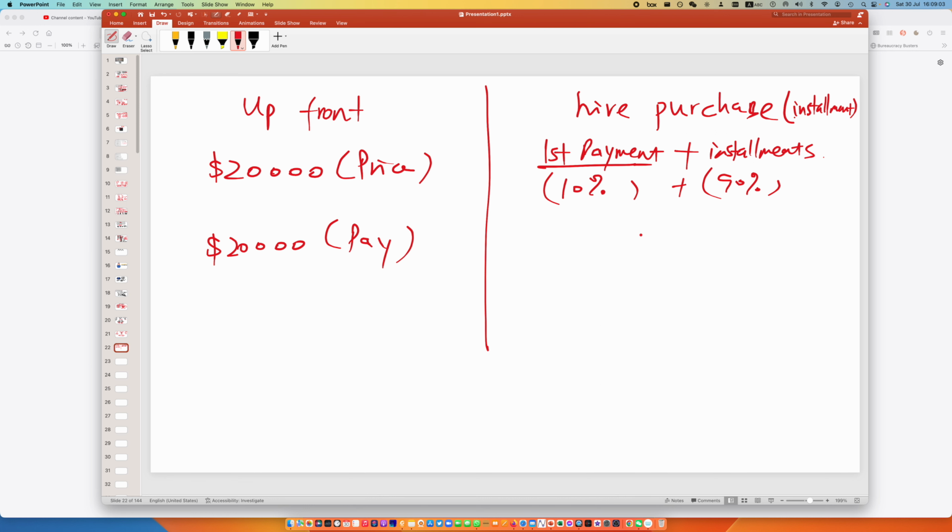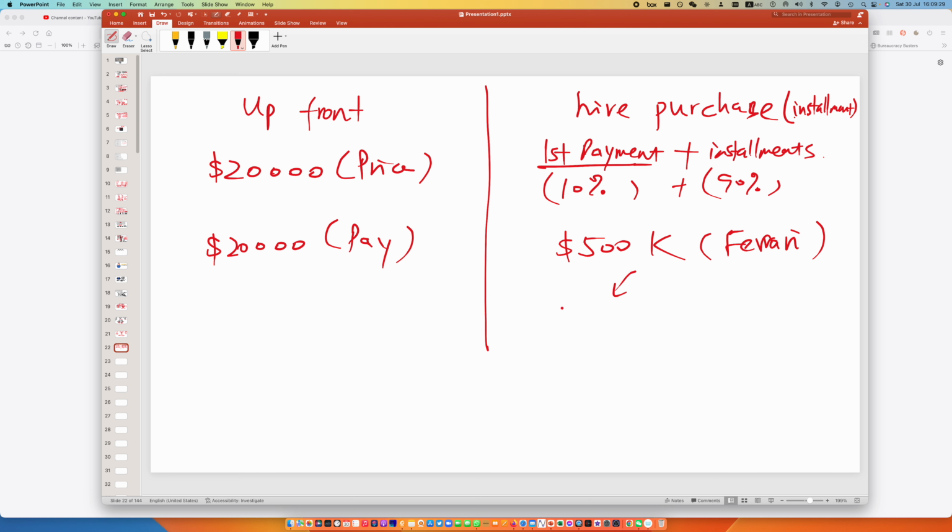Let's say you buy a 500k item, this can be a Ferrari car. Not many people have 500k, or maybe they have 500k but they don't want to use up the 500k, they want to do the hire purchase. So let's say buying a car, you need to put down 50%.